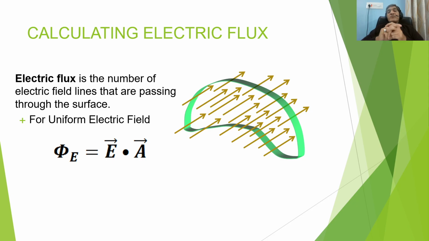So electric flux furnishes the information of how much net charge is enclosed by the particular closed surface about which we want to find the electric field or electric flux. So electric flux gives us the amount of charge enclosed by that particular surface.